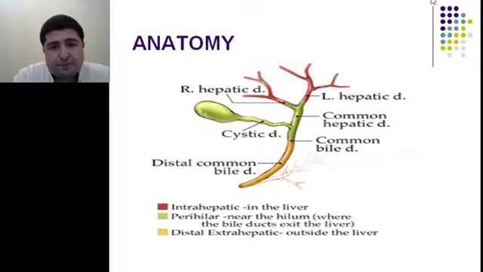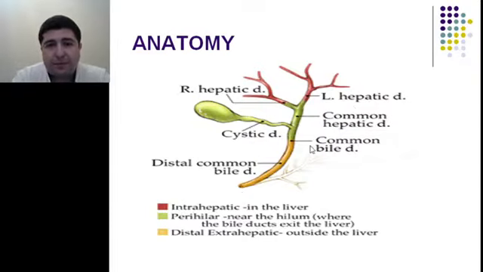On this picture you can see the common bile duct, the distal part of the common bile duct, the common hepatic duct, the gallbladder and cystic duct, and the right and left hepatic ducts. So, what happens in obstructive or mechanical jaundice? There is a problem with the passage of bile from the liver or gallbladder to the duodenum.